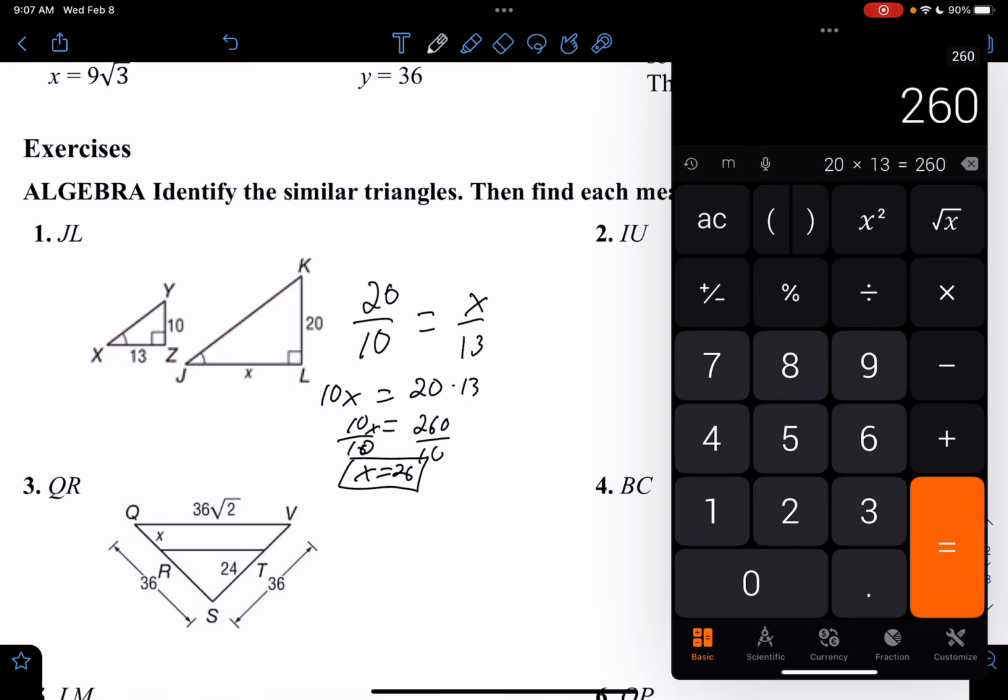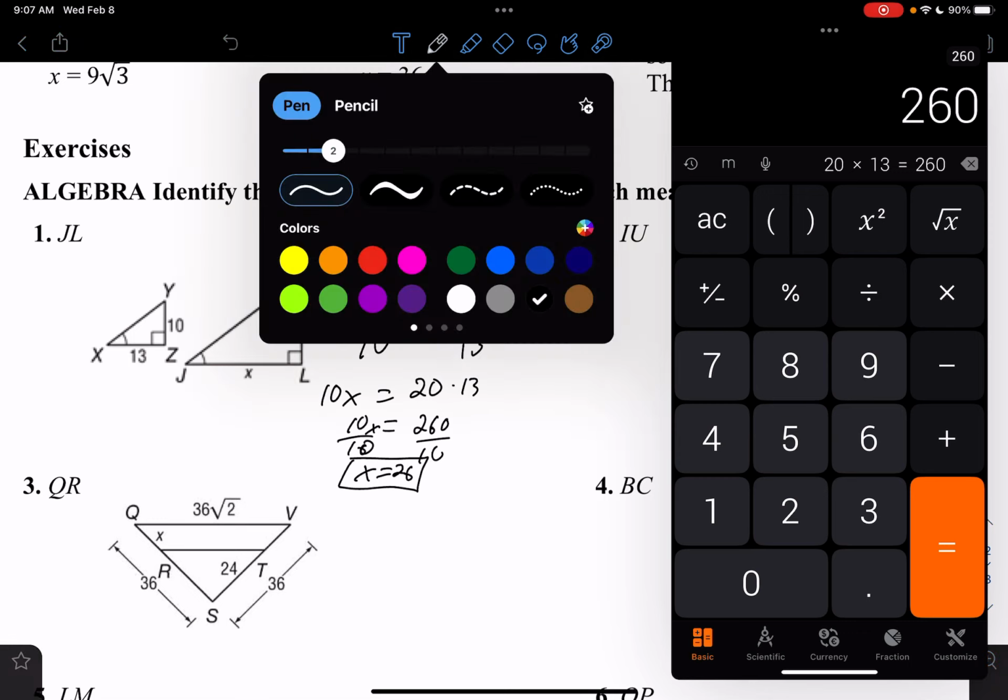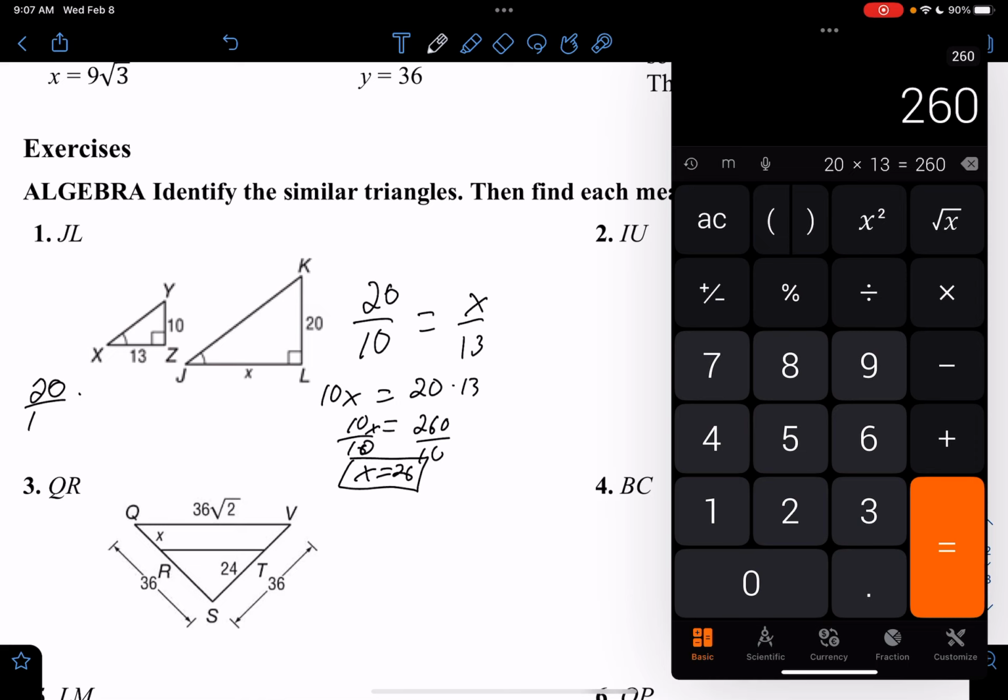So just like that, all you have to do is find whatever x is, either like that, cross multiply, or the other way that you could have done this is understand that 20 is to 10. So basically this is the proportion factor, or the scale factor, so h2.